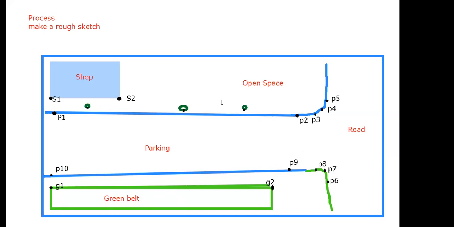After making the rough sketch, what we have to do is that we should decide the place where we will place our chain. So in this case, I think the best location for the chain will be in the center in the parking lot.